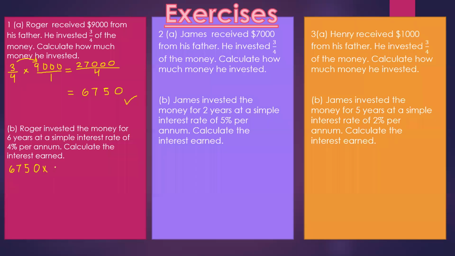The rate would be equal to 4, and the time will be equal to 6. Very good. And you times all that over 100. So you want to divide everything by 100. Then after that, you take out the zeros. So we can cancel the zeros. Good.